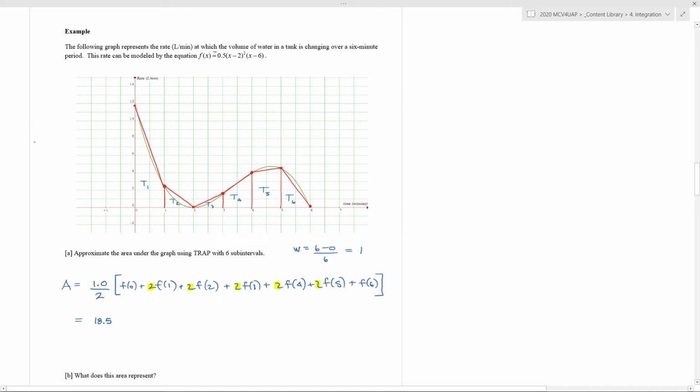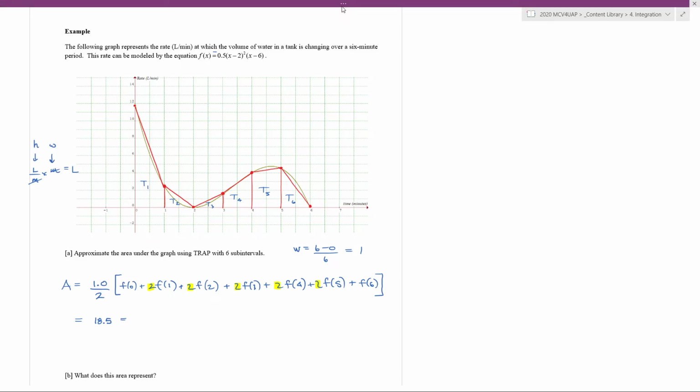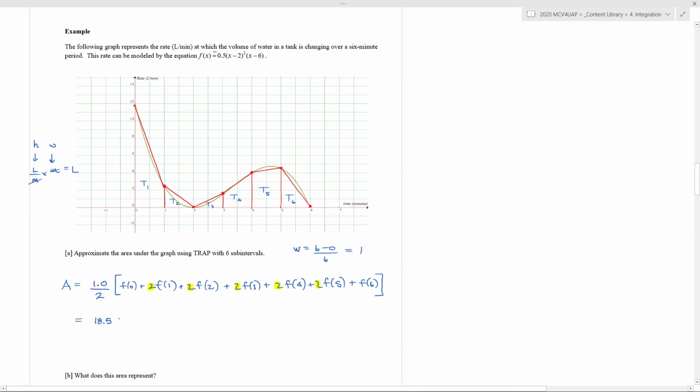But those heights are in liters per minute, and I'm multiplying them by a width, which is in minutes. And again, I'm going to get an area which represents a volume. So this is just 18.5 liters.